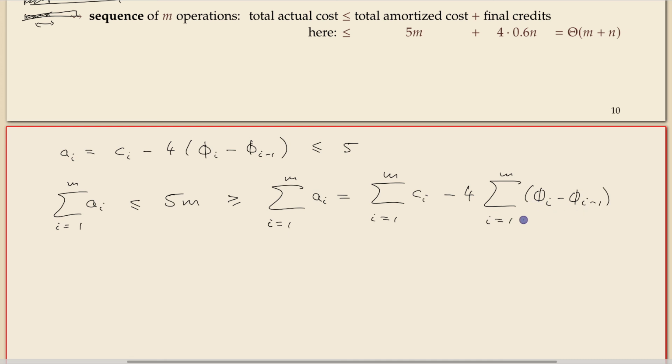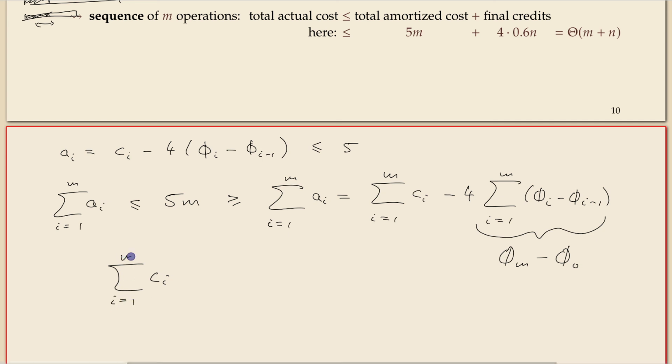All terms occur with both signs for 2 different indices i. So all that's really left of this sum is the first and last terms. So the very last one occurs only positively, and the first one occurs negatively. So you can rearrange this equation, the sum over the real cost, that's what we care about, the total actual costs.